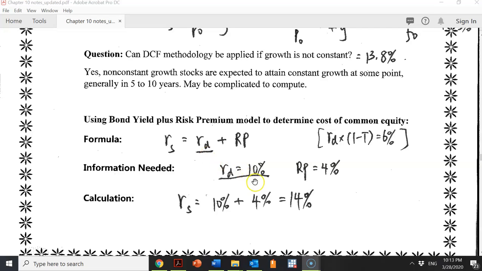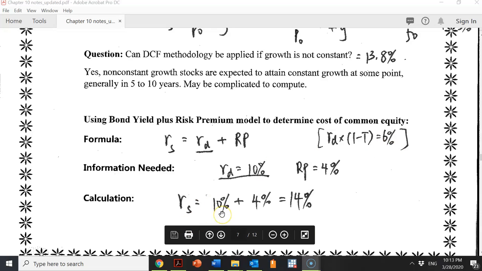Remember, we have to use the before-tax cost of debt here, 10%. We're not going to use the after-tax cost of debt, 6%. So cost of common equity becomes the before-tax cost of debt, 10%, plus risk premium, 4%. We have 14% as cost of common equity.